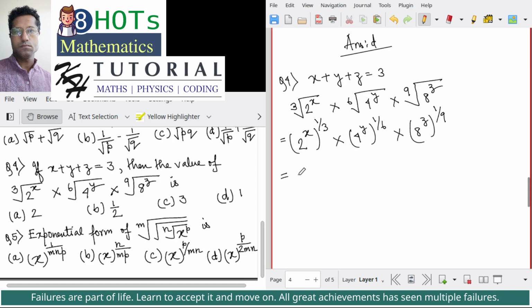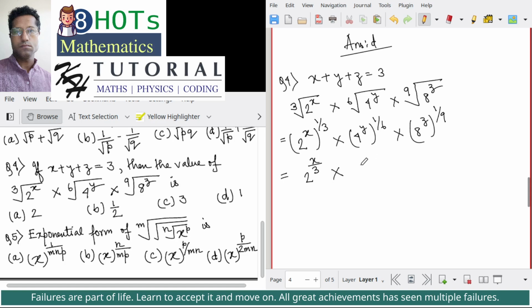Now applying the laws of exponents, the first factor will be 2 to the power x by 3, multiplied by, let's convert 4 and 8 as powers of 2.